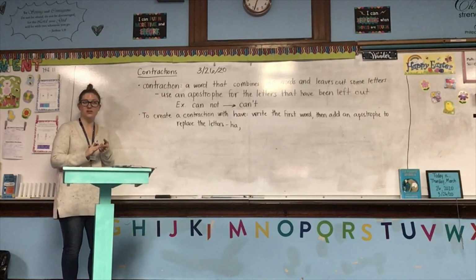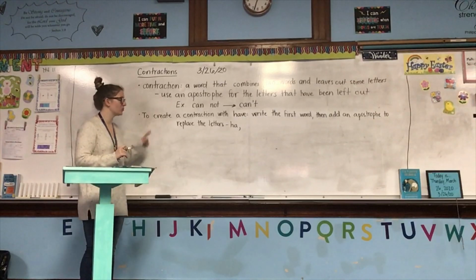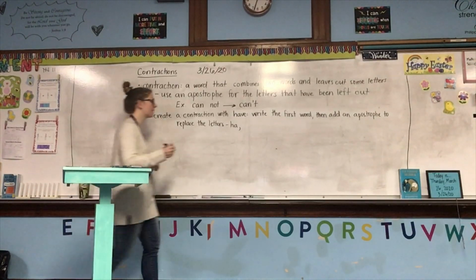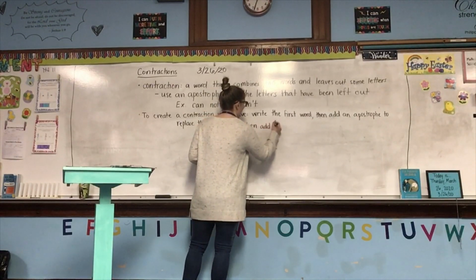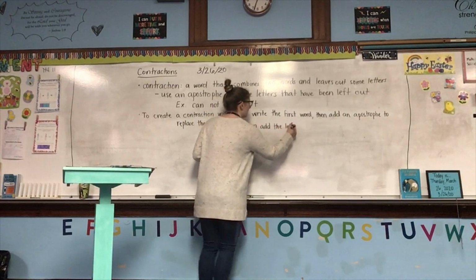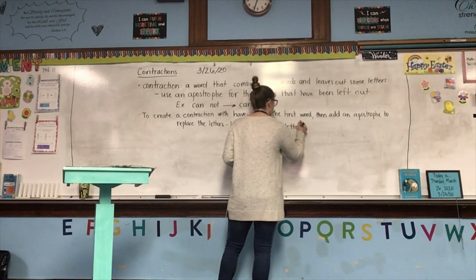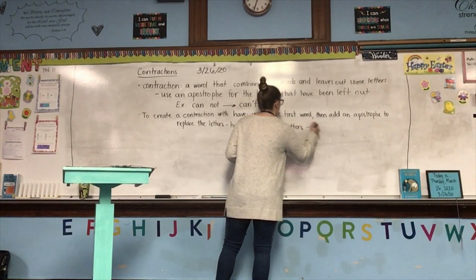So first you write the first word, then you add an apostrophe to replace the letters HA. Then add the letters VE.